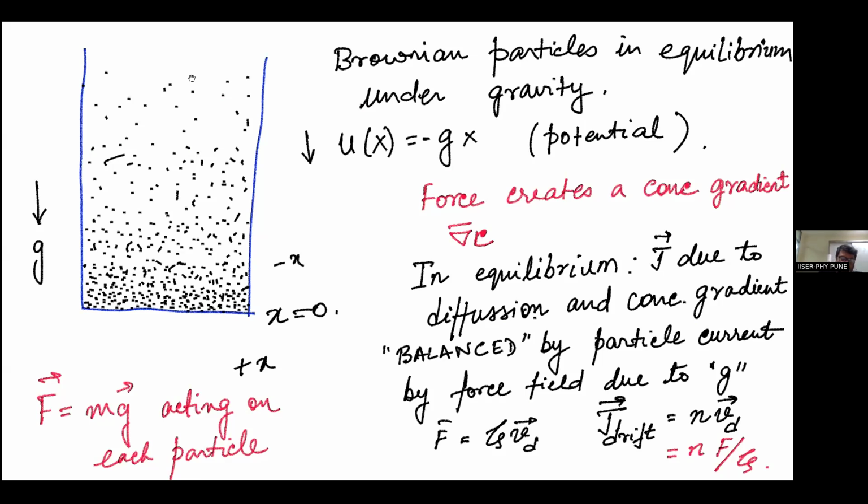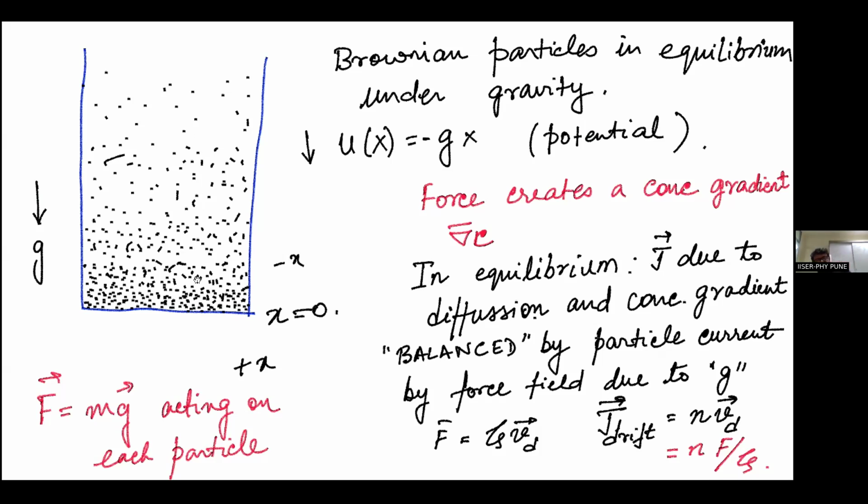But there is a concentration gradient, and due to Brownian motion, these particles would like to go from a region of high concentration to a region of low concentration. But you know that in gravity, for Brownian particles, such a concentration gradient is maintained.